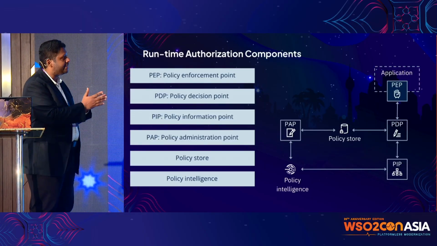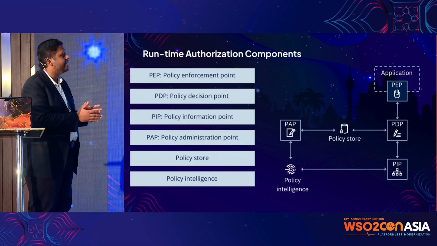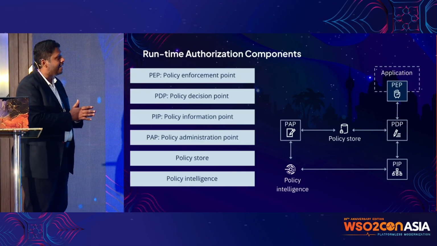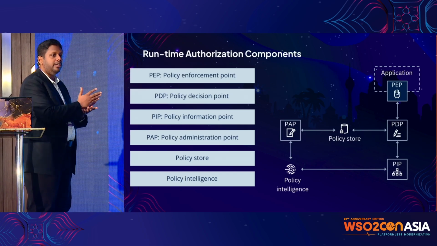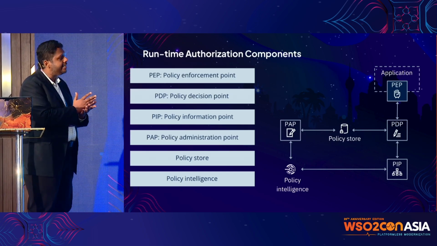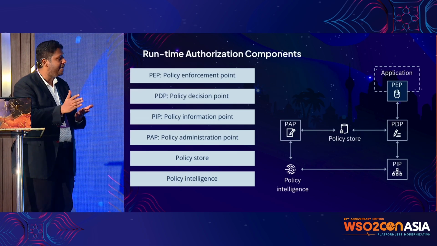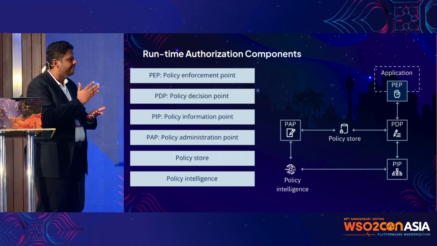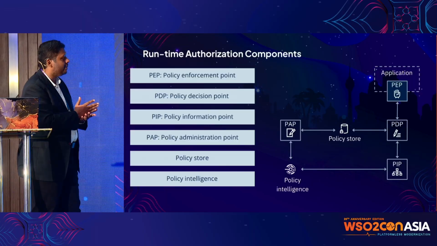If it's an API, it's an API gateway. If it's an application, it's some sort of a proxy or a filter or a valve in the application, which decides whether to allow the request to go through or not. How is it deciding? It's going to talk to the PDP, who is going to evaluate the policies and decide whether this user with this context can access this resource or not.